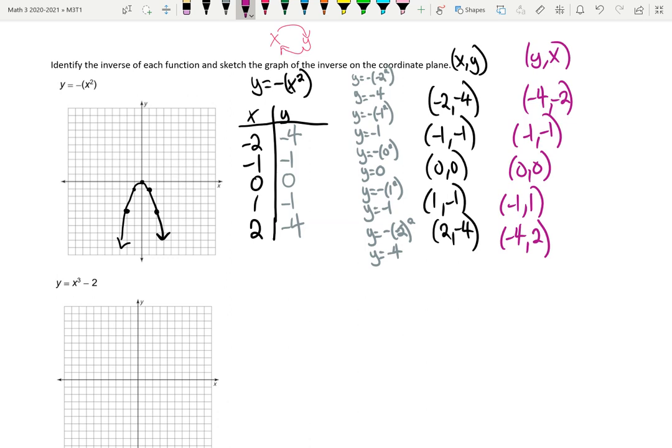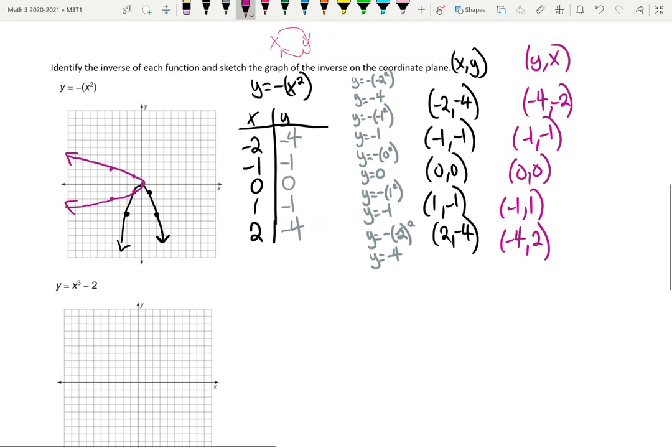When I plug in -4, I get -2. When I plug in -1, I get -1. When I plug in 0, I get 0. Then -1, 1, and then -4, 2. Boom. This is a sketch of my inverse.